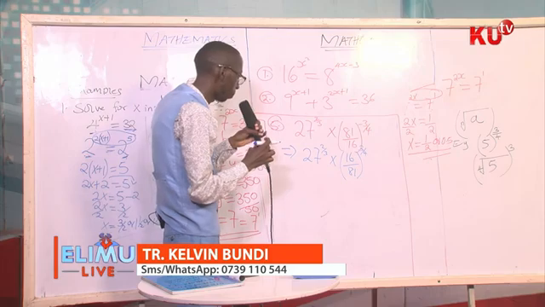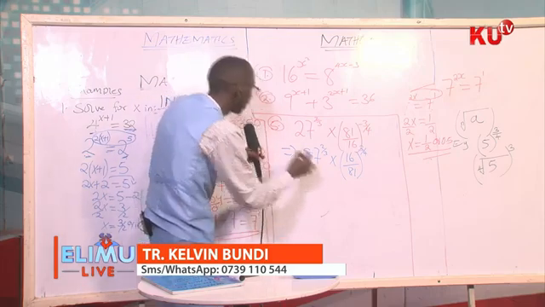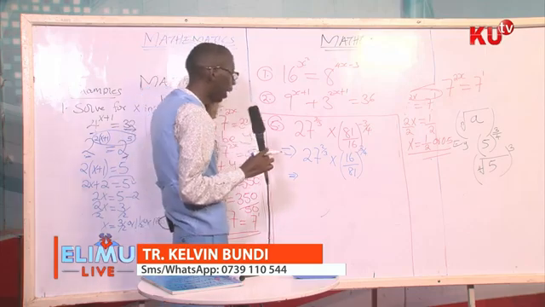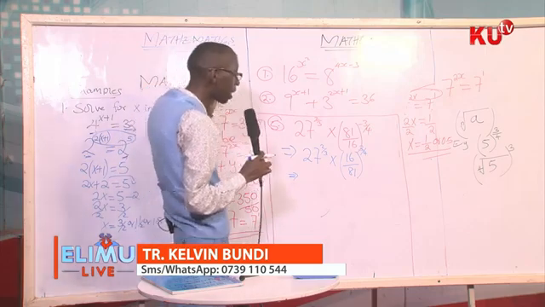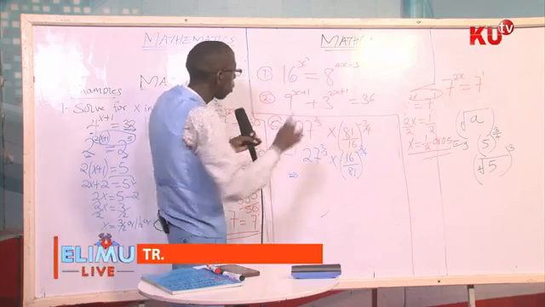Next step. 27 to power 2 over 3 is the same as the cube root. Remember what I was saying there?